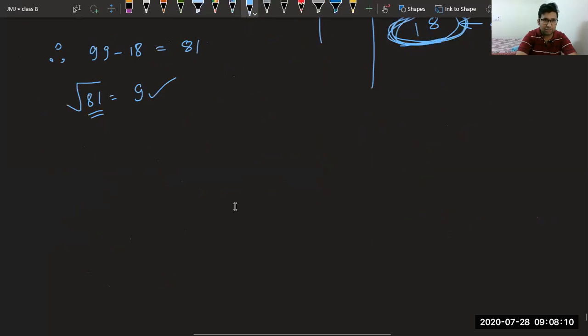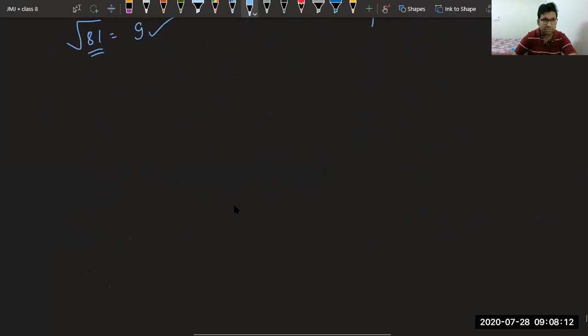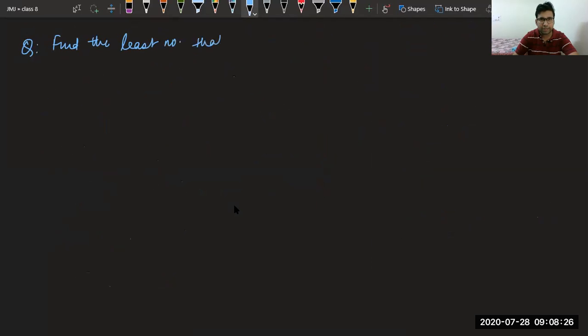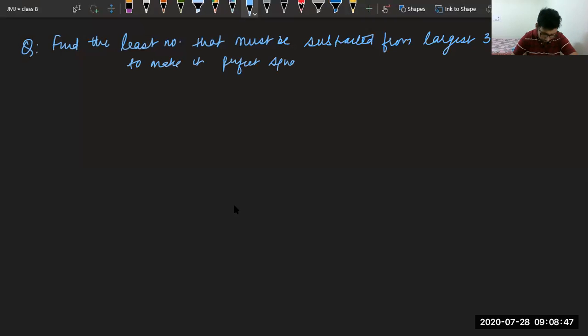Find the least number that must be subtracted from largest 3-digit number to make it a perfect square.